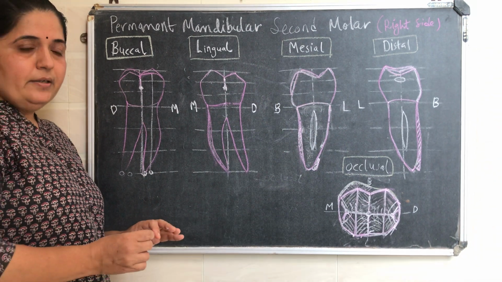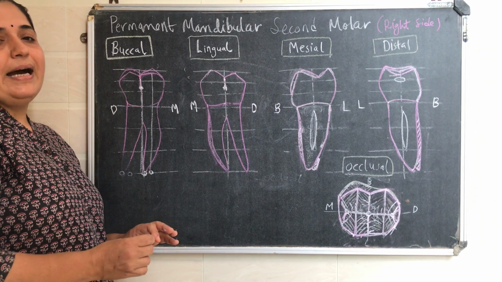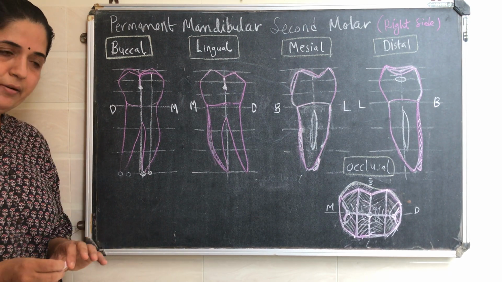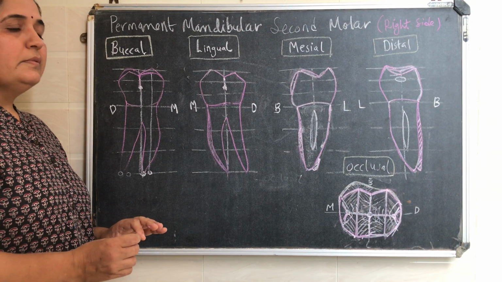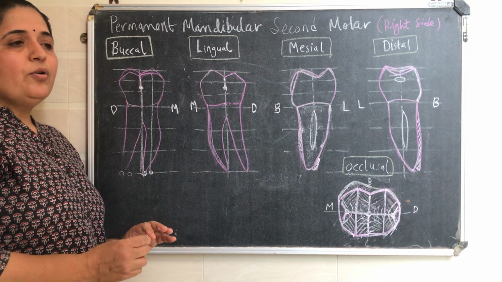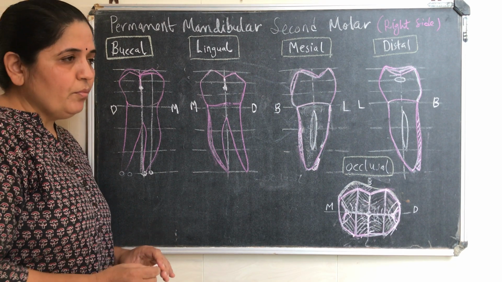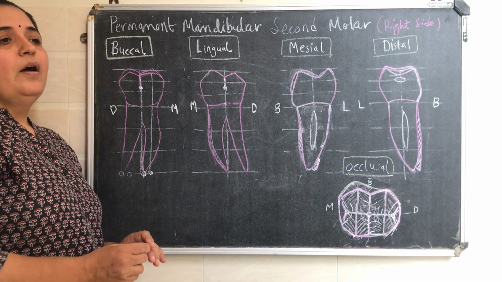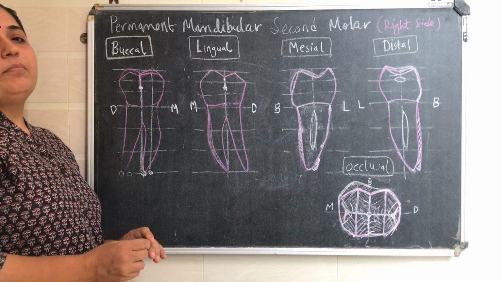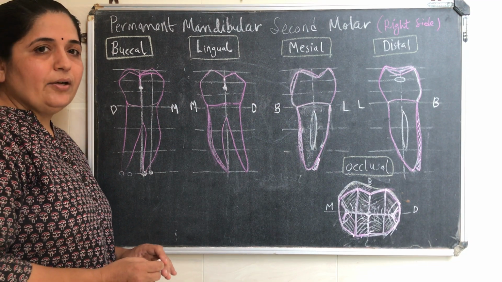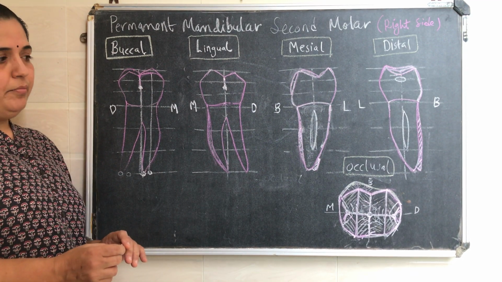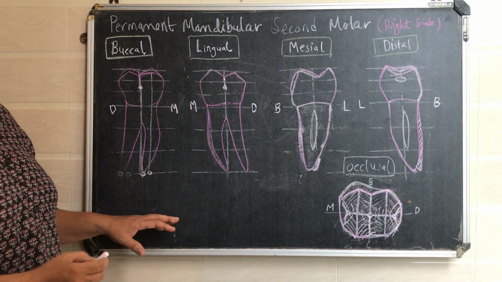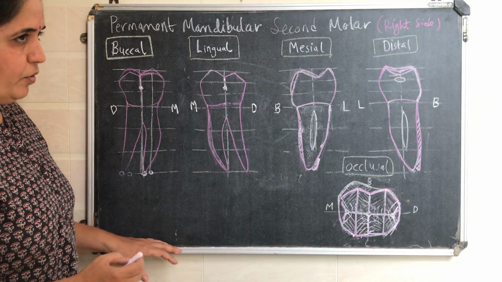Dimension wise, the cervico-occlusal dimension of the third molar is less than that of the first and second molar. Also the mesiodistal and buccolingual dimensions are less, and the root length is also less than that of the first molar and the second molar.